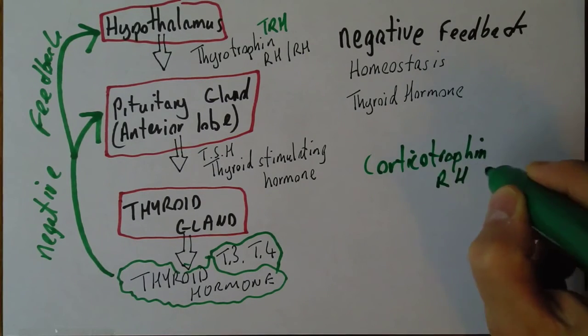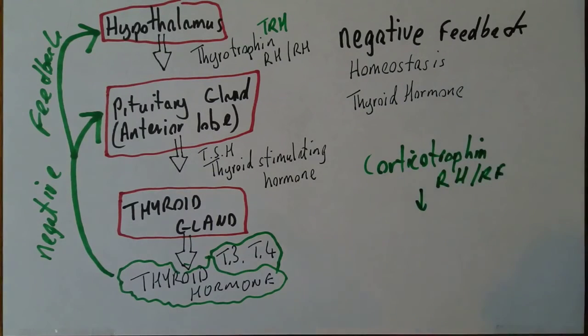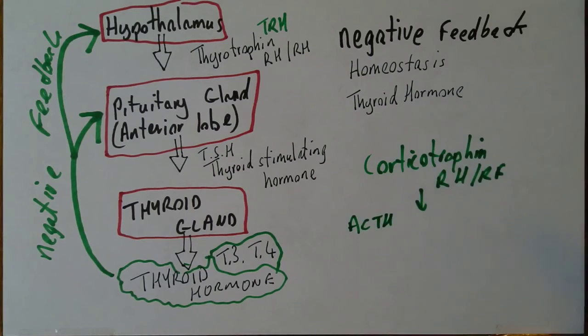That would then go down to the pituitary gland, and the pituitary gland would produce more ACTH.